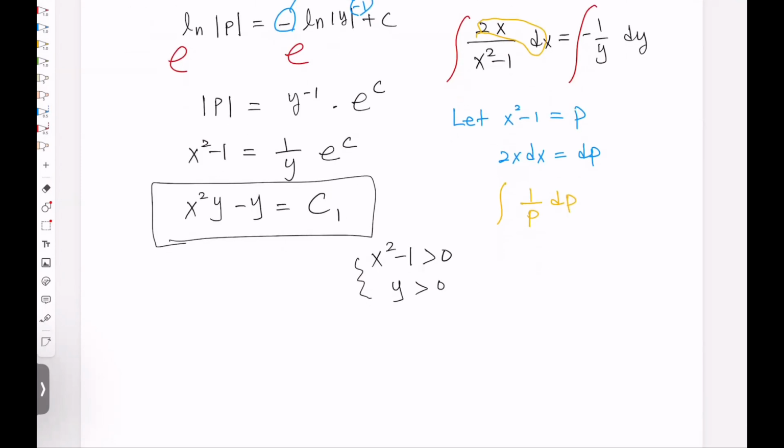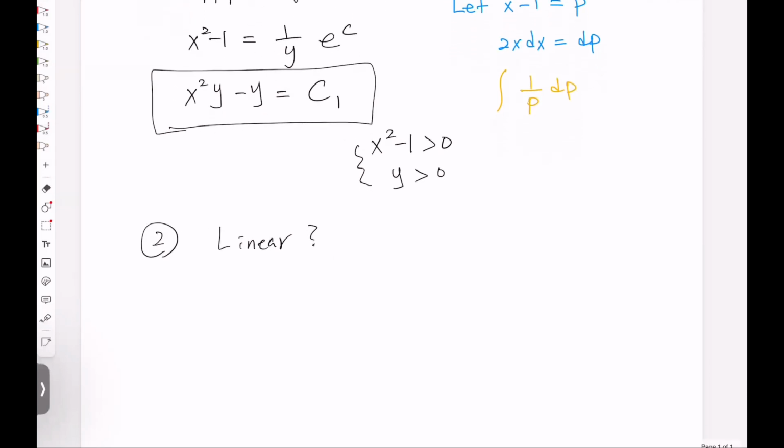And then section 2.3, is it linear? So that we can use the integrating factor. So again, 2xy dx plus (x squared minus 1) dy equals 0. So we need to have a dy over dx, so divide everything by dx first.